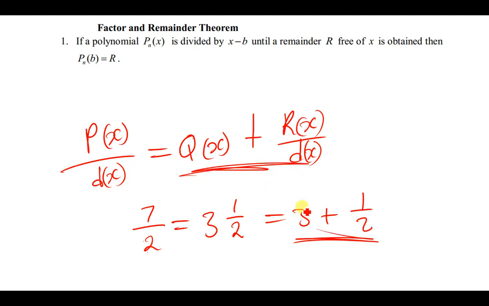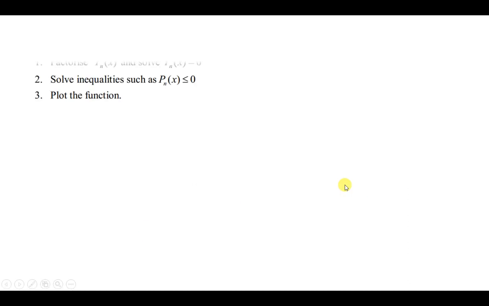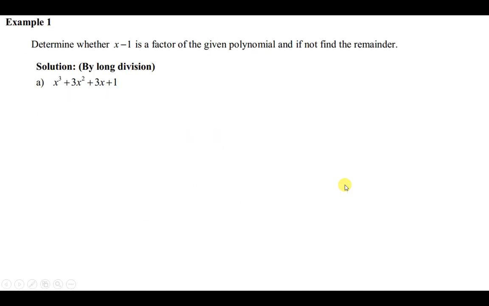The quotient is what you have found as your answer, and then you say plus, write the remainder on top, and put the divisor down there, which is 2 in this case. Alright, so let's look at one of the examples.